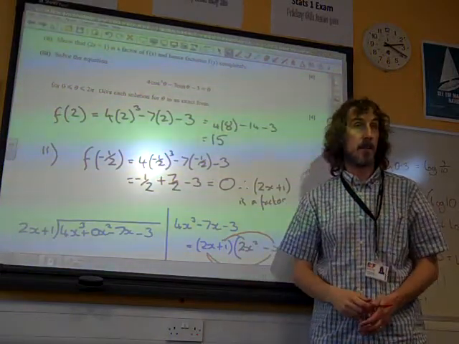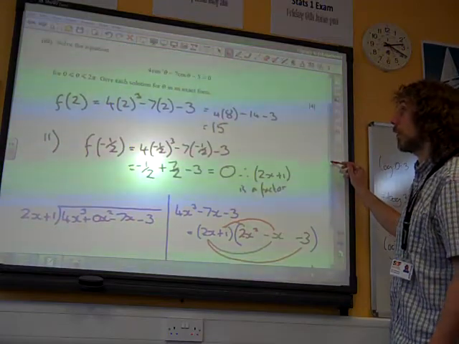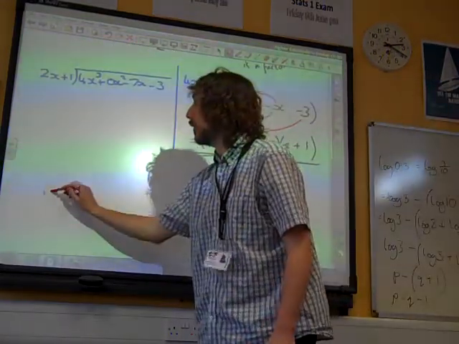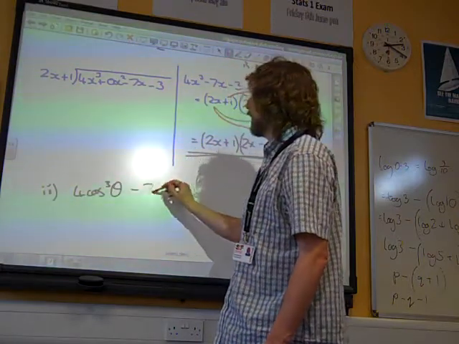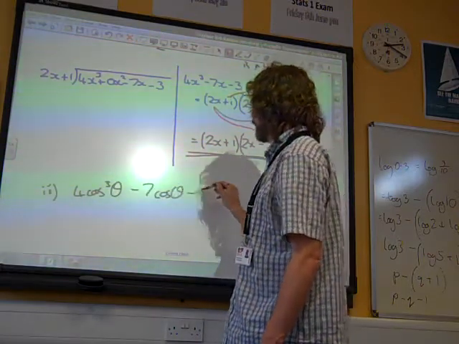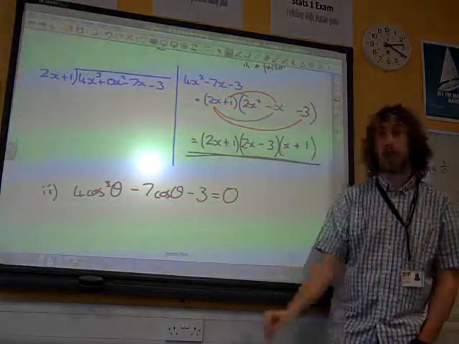So this must be related to what we've just done, and we're supposed to recognise that 4 cos cubed theta minus 7 cos theta minus 3 equals 0 relates very much to the equation that we've just done.